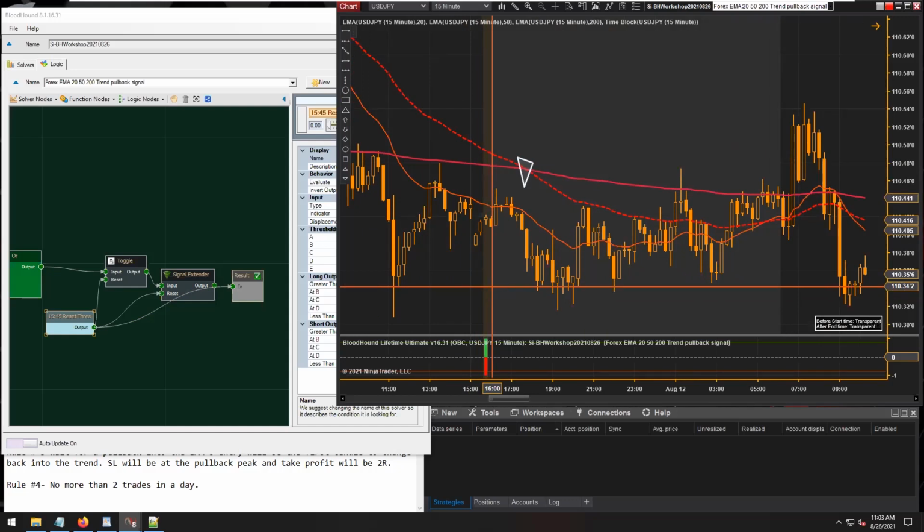All right. So one thing to note about NinjaTrader, which can be different from a lot of other trading platforms, is that the time that you're seeing is when the bar closes, not when the bar opens.